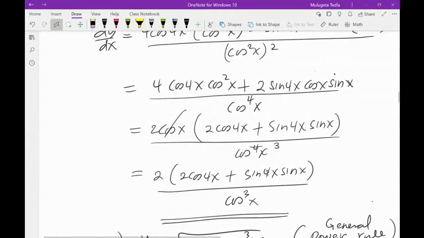So we took 2 cosine x as a common factor. So the answer should be 2 cosine 4x times cosine x. Yes, 2 cos of 4x times cosine x. There is one factor. Yeah, I got it. Thank you so much.